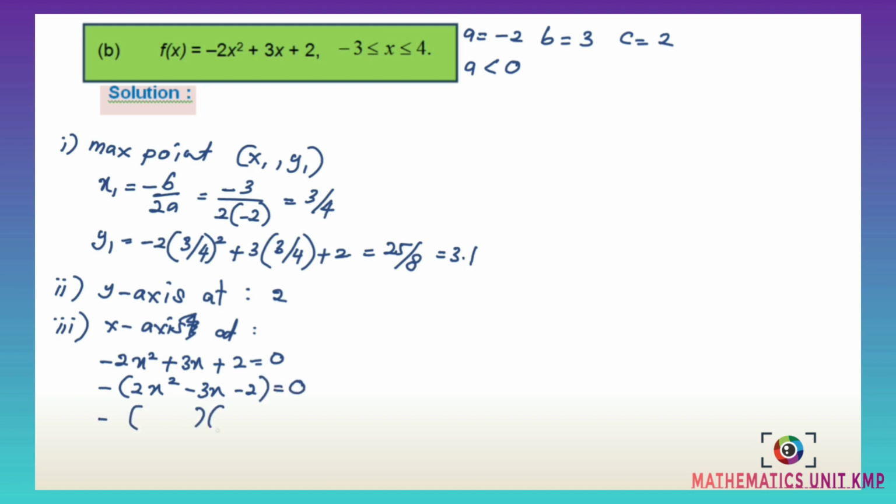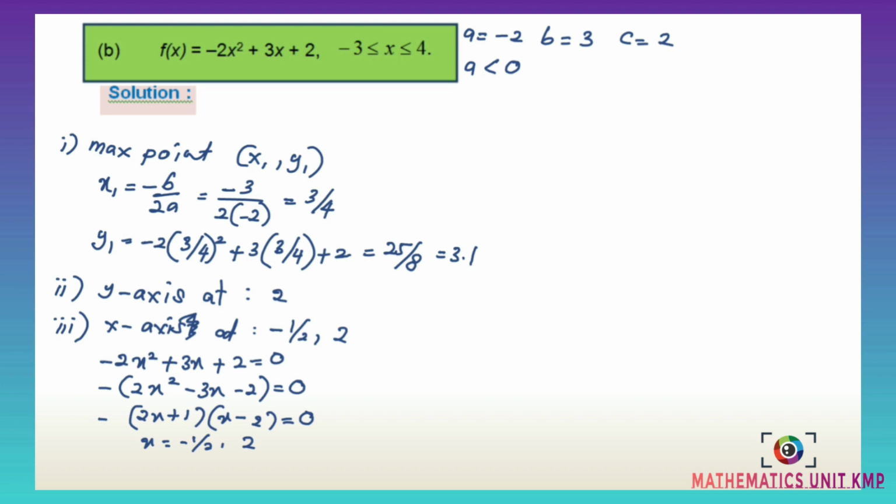We factorize the quadratic: 2x times x, 1 times 2, plus 1 and minus 2. The values of x are negative 1 over 2 and 2. That means the x-axis intercepts are at negative 1 over 2 and 2.